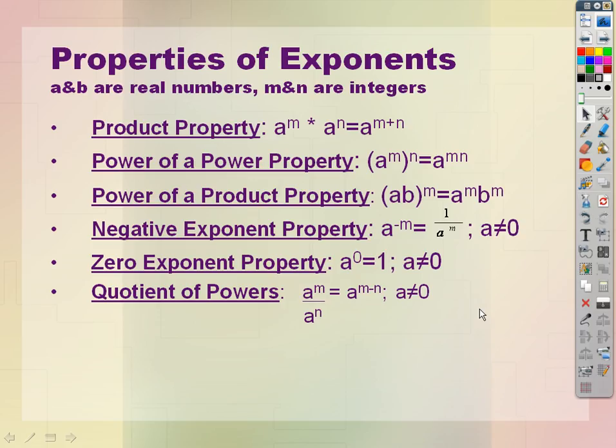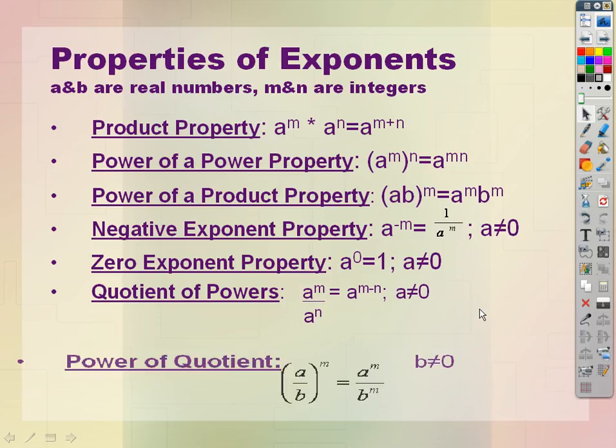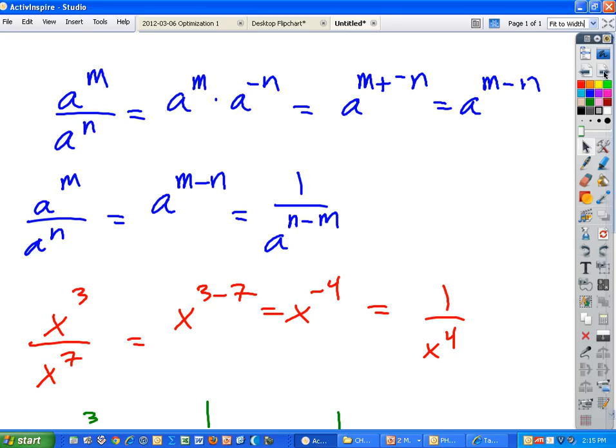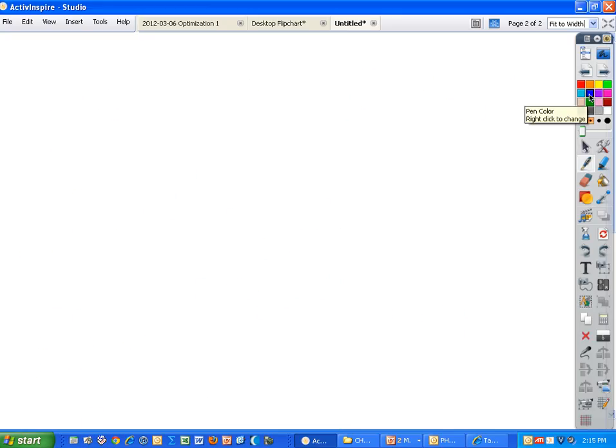And then I think this is the last one: power of a quotient. All this says is, if I'm taking a quotient to a power, then I can distribute the power over the quotient just like I could with the product. Here's an example of that. In fact, we'll combine both of those properties together.